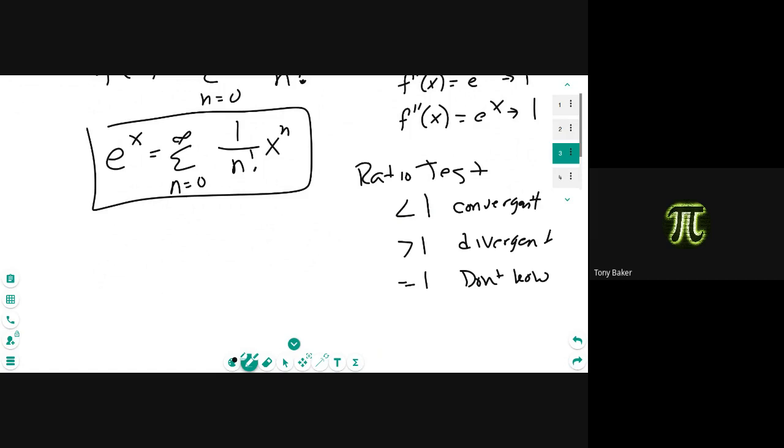So ratio test, a to the n plus 1 over a to the n, and it's the limit as n goes to infinity.